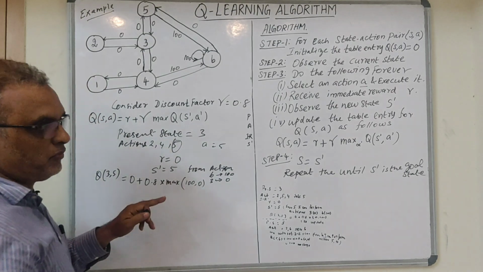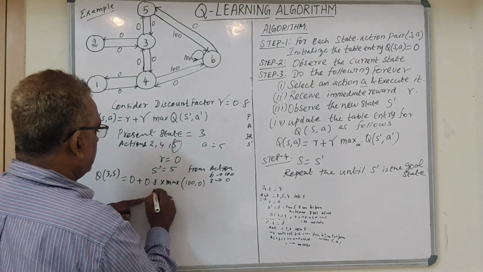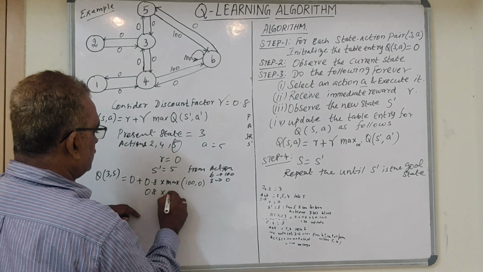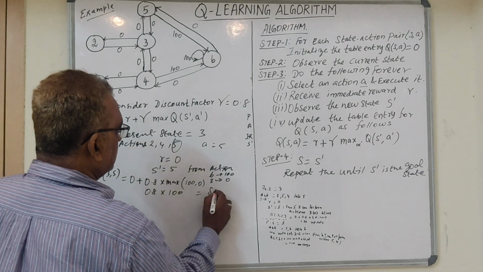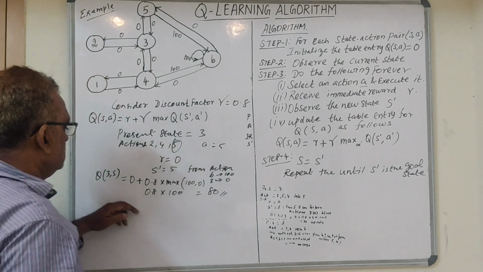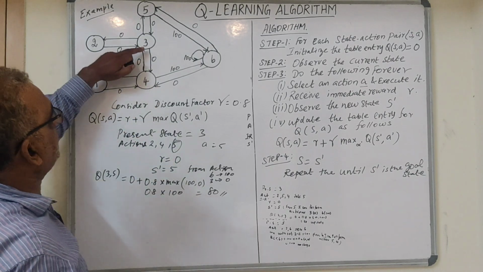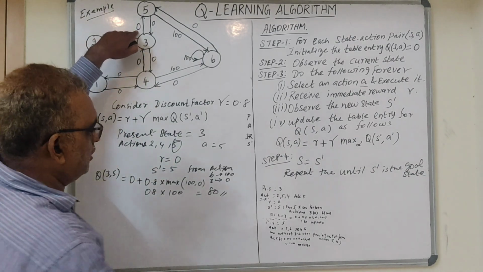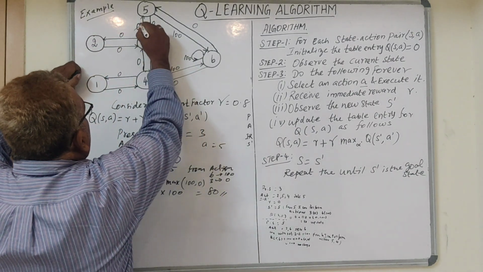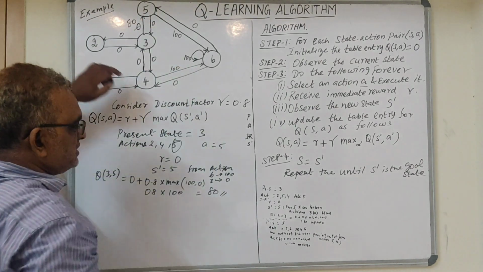You have to take the maximum one, which is nothing but 100. So 0.8 into 100 is nothing but 80. So now this q of 3 comma 5 is 80. Originally it was 0 here. Now this value 0 is updated by this new value, that is 80.